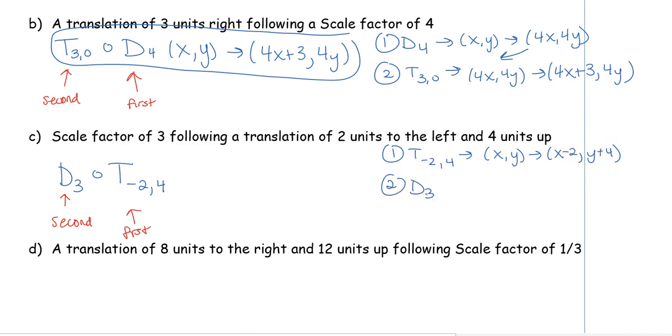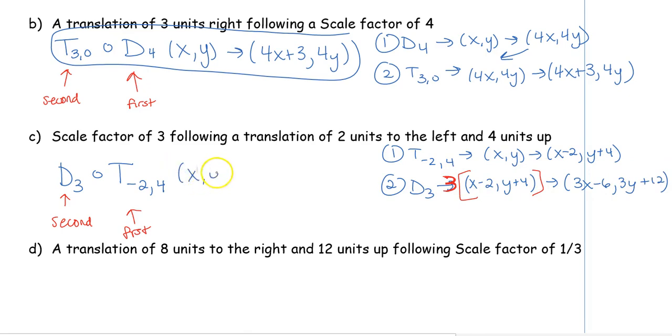From there I have to dilate by 3. So I'm currently at x minus 2 and y plus 4. From here I have to multiply everything by 3. I've got to show that dilation of 3. So 3 times x puts us at 3x. 3 times -2 is a -6. 3 times y is 3y. 3 times 4 is a positive 12.